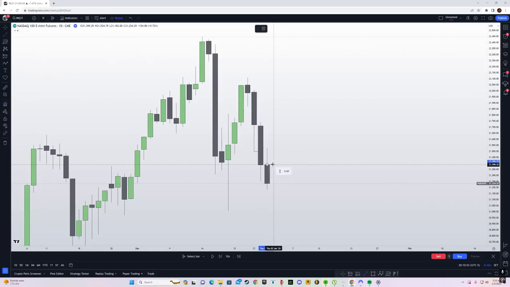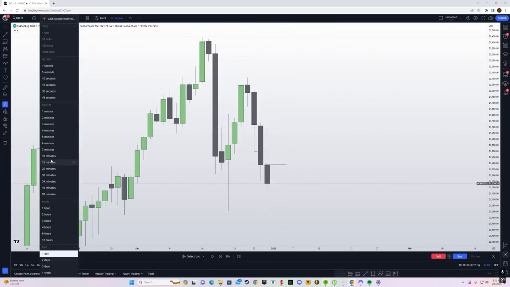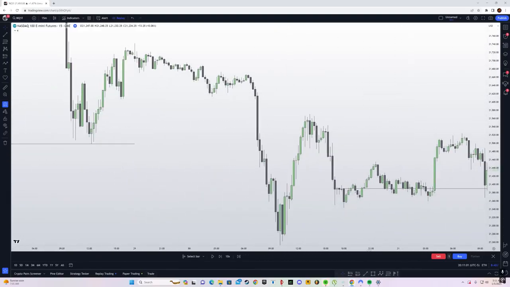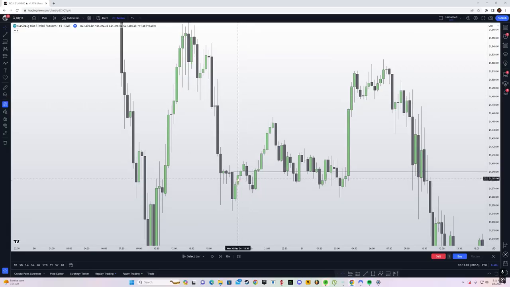Now, if we mark out the opening price of the third day and we drop down to 15-minute time frame from here, we have this opening price. Look to the left side of it. We want to always look to the left side of it and identify short-term lows, highs, equal lows, equal highs.